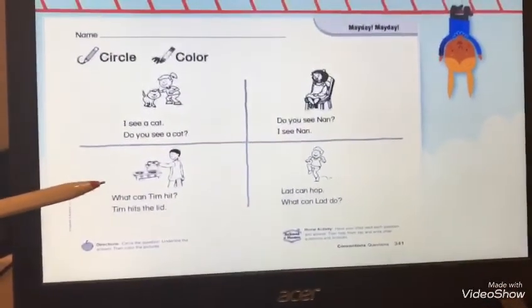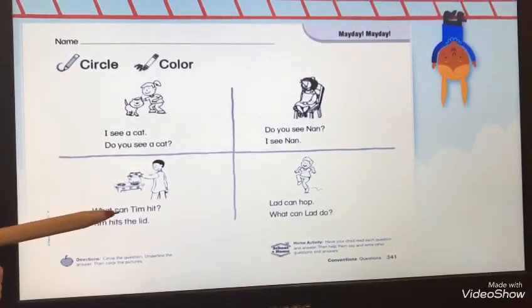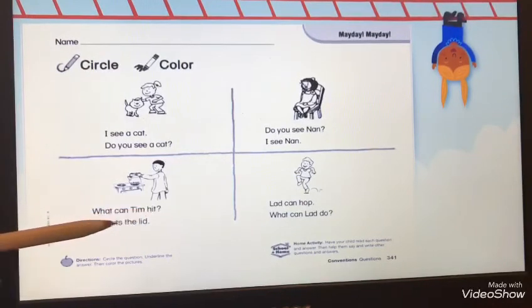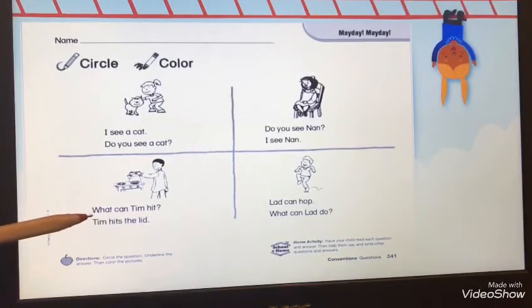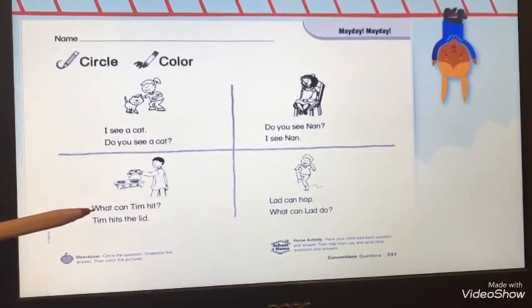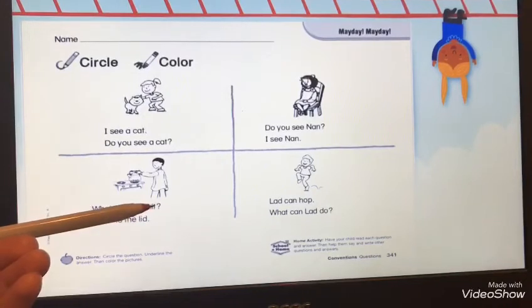Now, here, what can Tim hit? What do we have here? We have a question word. What? And at the end of the sentence, what do we have?